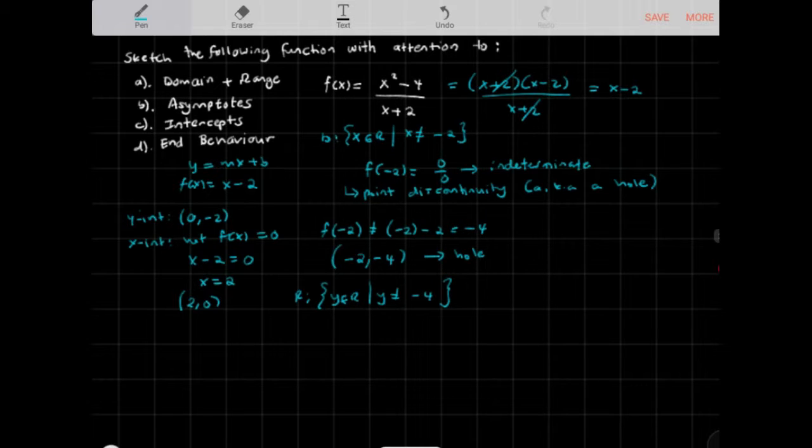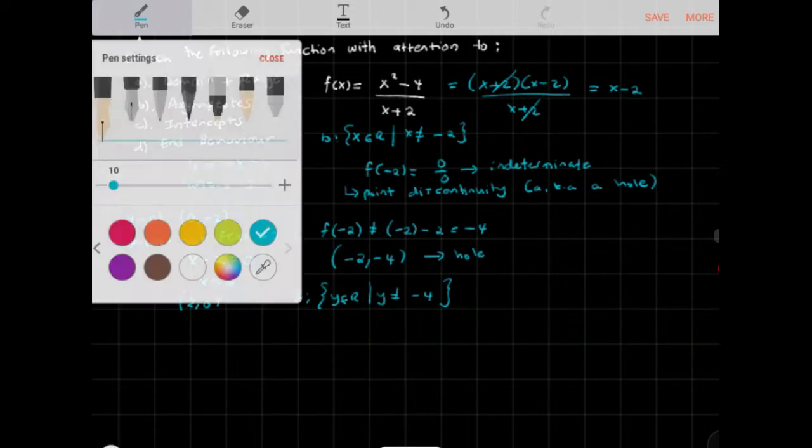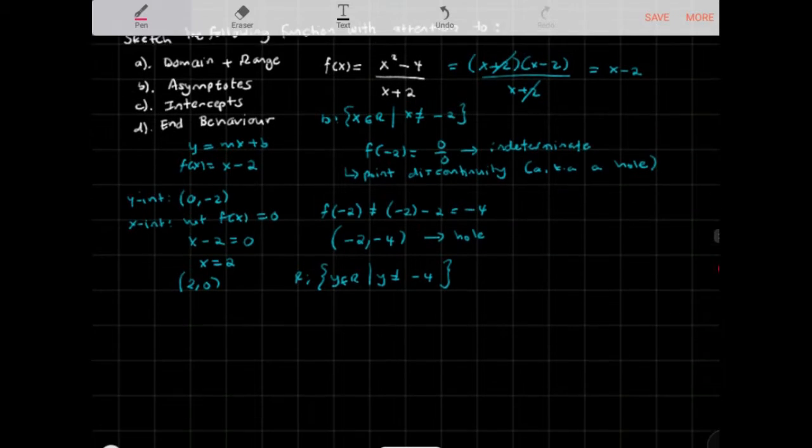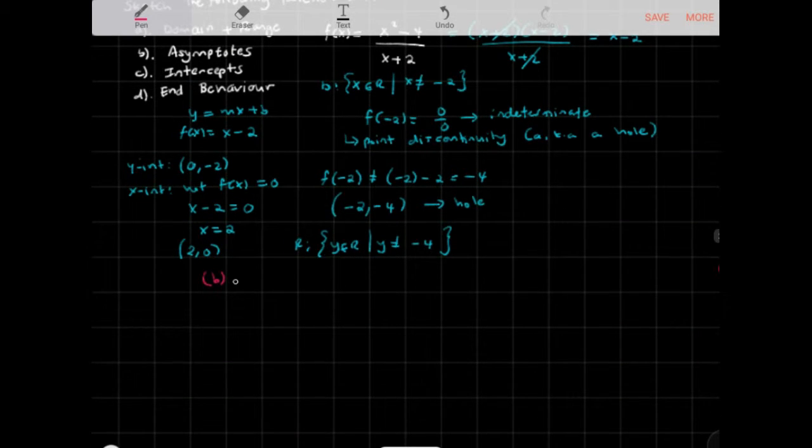And because it's a linear function, we would expect there to be one y value for a given x value. This would be different if you have a parabola. Now if you wanted to sketch this, we can understand there are no asymptotes, because a hole is not an asymptote. There are no asymptotes because this is basically a linear function.